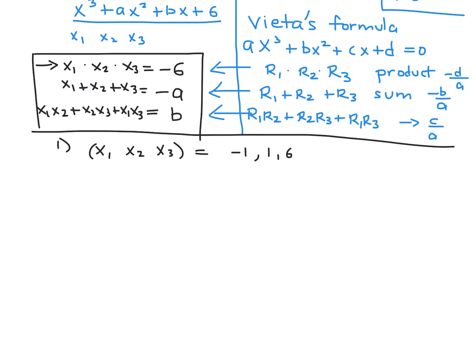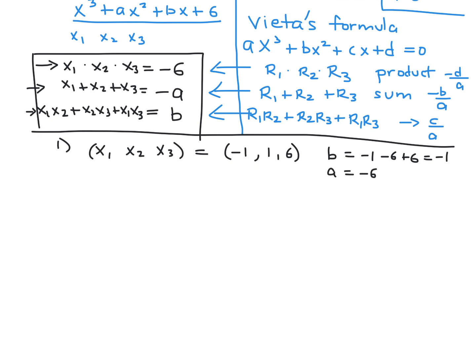If you did that, then the product would indeed be minus 6. And if that's the case, you can use this formula to figure out b. It would be minus 1, minus 6, plus 6, which is minus 1. And this one will tell you the value for a. A looks like minus 6.